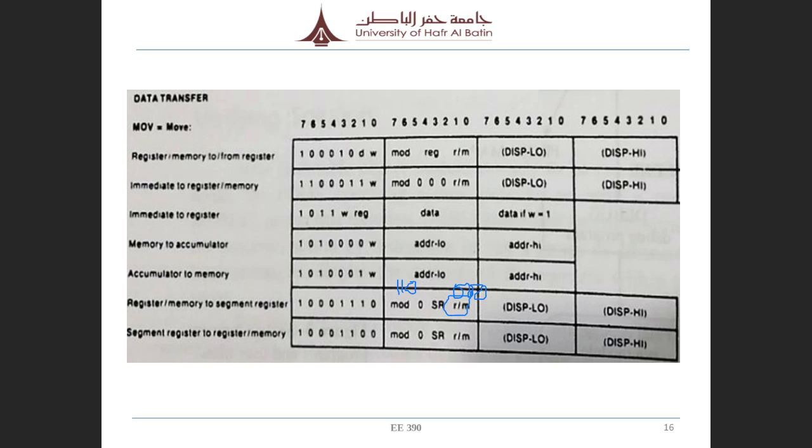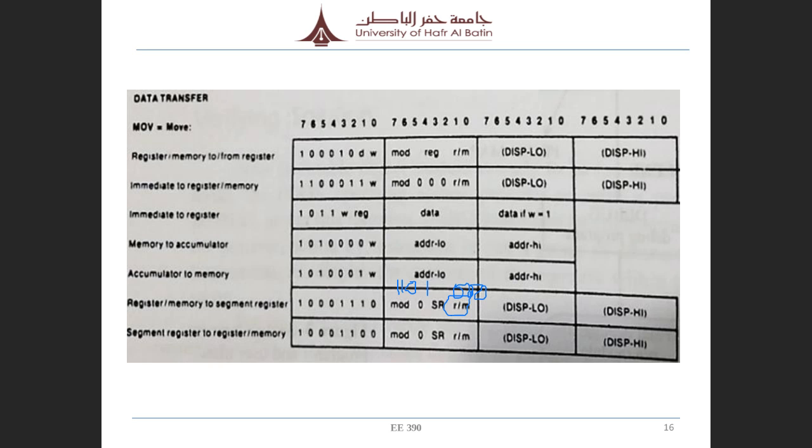And what about the segment register? If you open the file that I shared with you, on the fourth page you can see there is a table for the 2-bit segment register. For data segment DS it is 11. You got it? This one is the segment register.